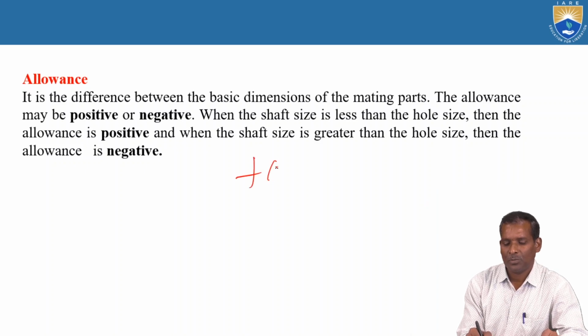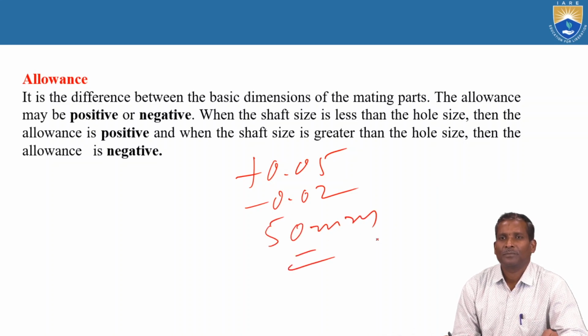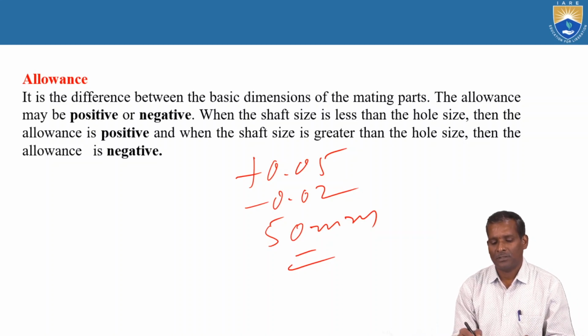Suppose 0.05 and 0.02, and the basic shaft diameter is 50 mm. So the allowance given on the upper side is positive, plus 0.05: 50 plus 0.05, so 50.05 mm.